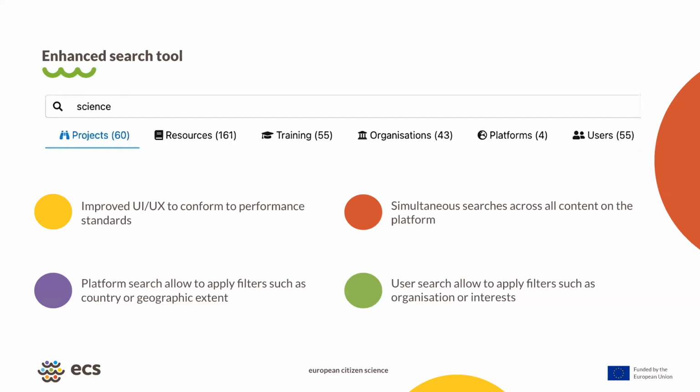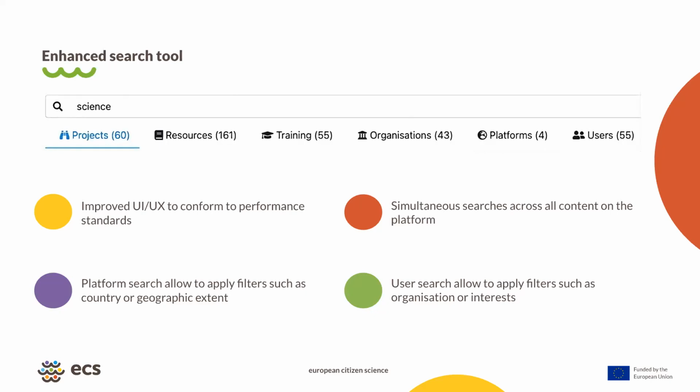So in summary, the search engine now performs keyword searches across all platform content, allowing a single search to yield results from each of the platform sections, like projects, resources, training, organizations. As you can see in the slide, if you make a search with the keyword science, before in the old platform, you would only see the results for the section that you were in.